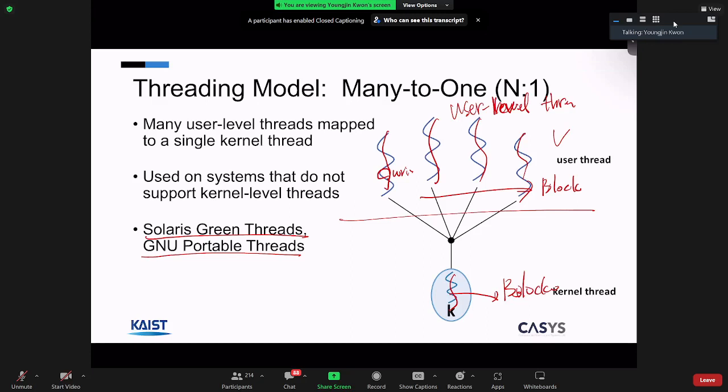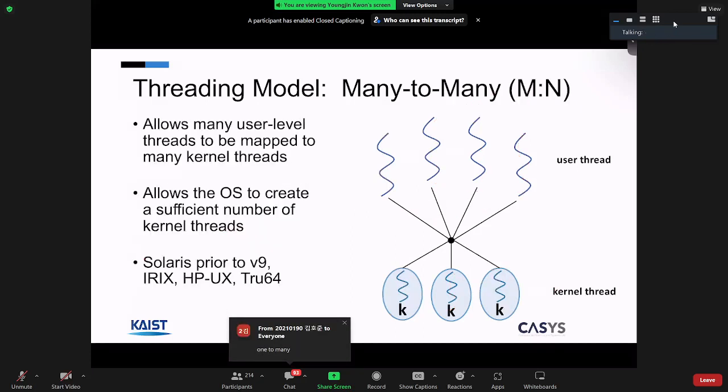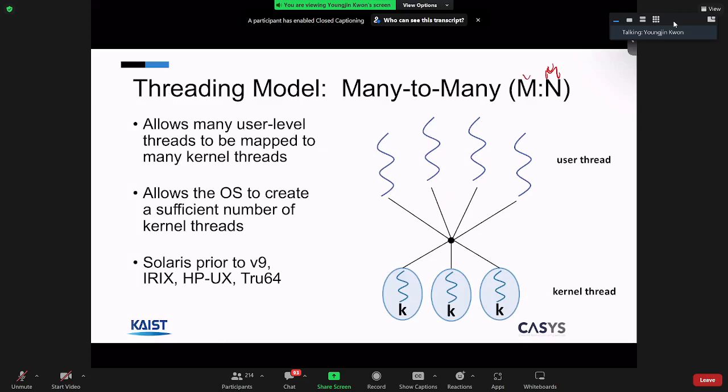What's the remaining threading model? One-to-one we talked about. Many-to-many. Depending on configuration, if M is identical to N, it's similar to the one-to-one model, but in general it allows many user-level threads to be mapped onto many kernel threads.